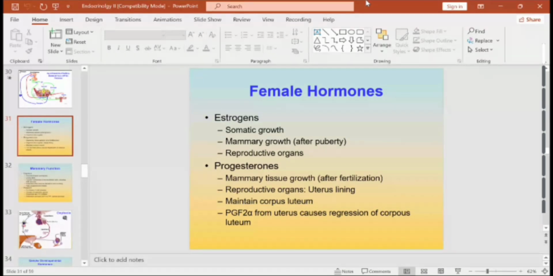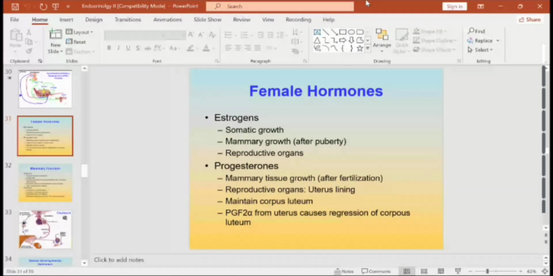The mammary gland growth or the growth of the breast also occurs during puberty, courtesy of the estrogen hormone. And the sex organs or the reproductive organs will differentiate and increase in size also due to the effect of estrogen. Closely related to estrogen is another hormone called progesterone.